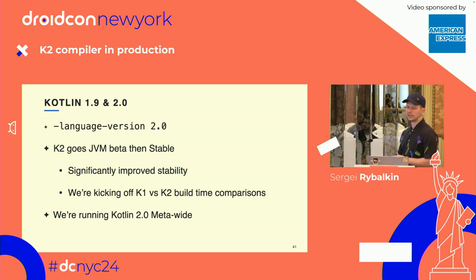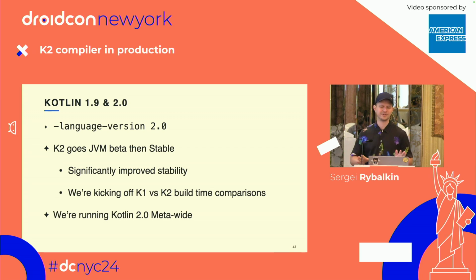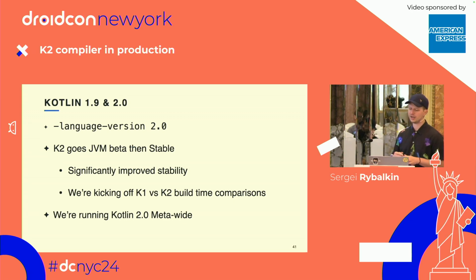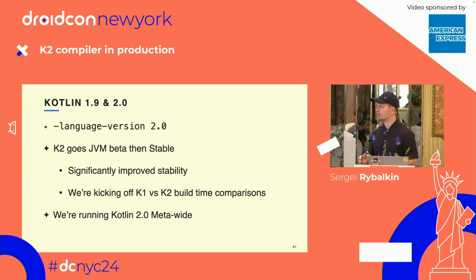Then finally Kotlin 1.9 and 1.2. It's still language version 2.0. Nice, we didn't have to change it this time. K2 goes to JVM beta and then to stable, meaning we kind of have a stable compiler now, and JetBrains and other contributors can iterate on the new language features instead of stabilizing the compiler, which should give us more benefits.